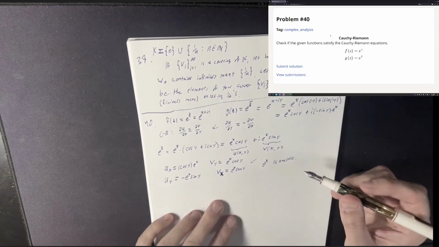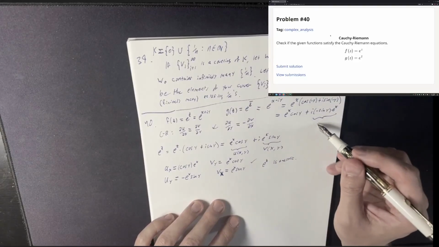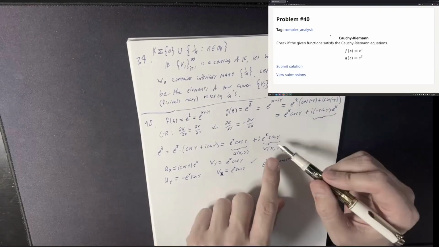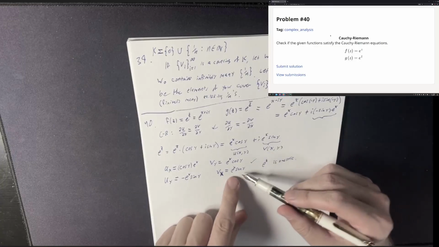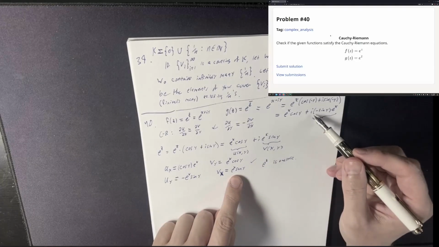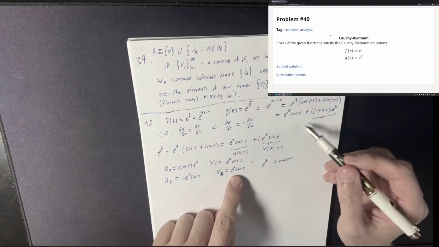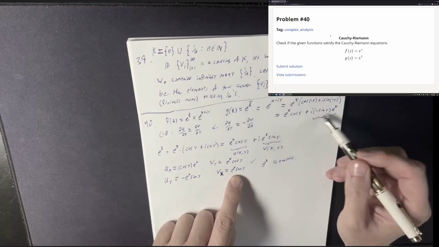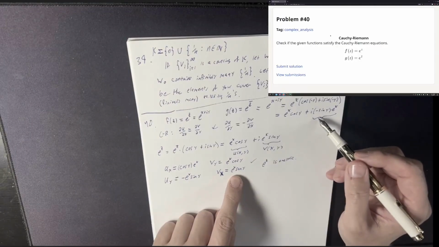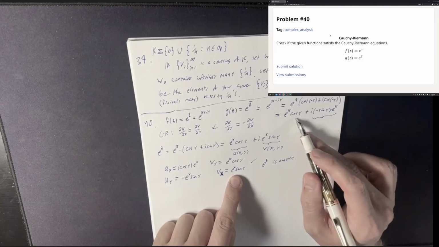But maybe I'll move on, because it's clear that this v function is the negative of this one. So when you do this, it's not going to work out. It's going to give you negative e to the x sine y, and u with respect to y is just positive e to the x sine y.